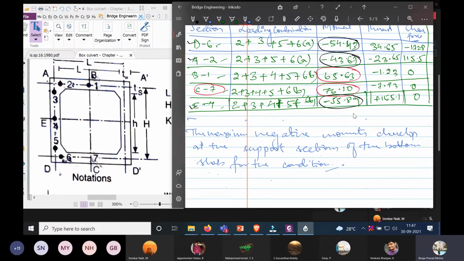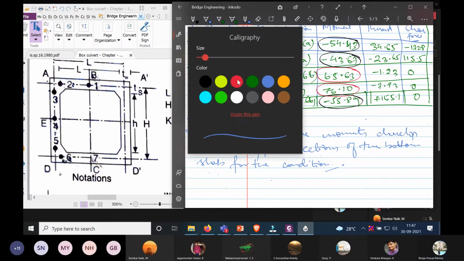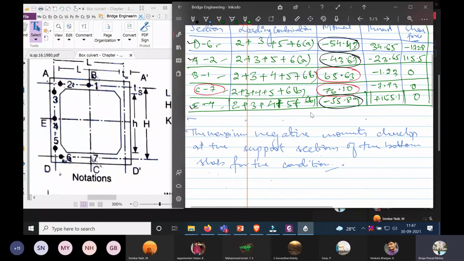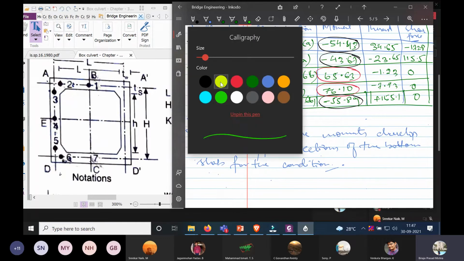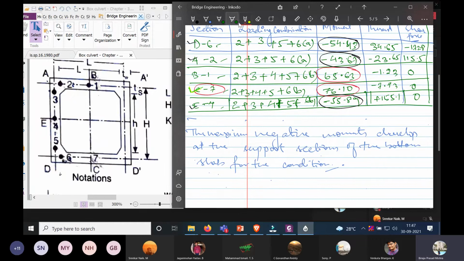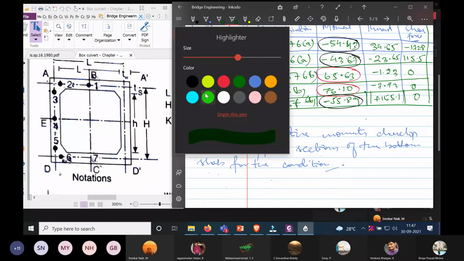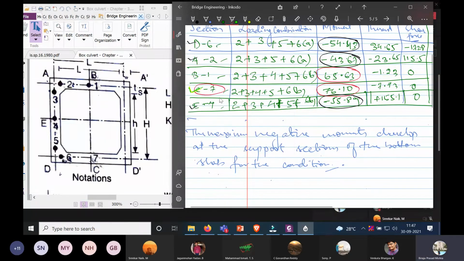So now we need to design the different sections. Now what are those sections we need to design? Based on these values, the first section which we will design is section C7.